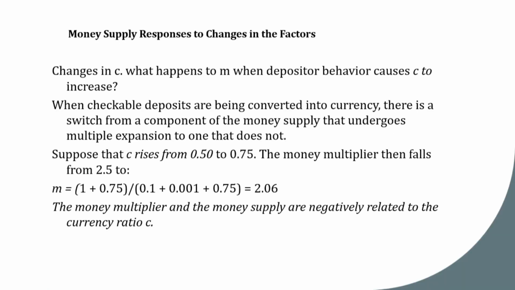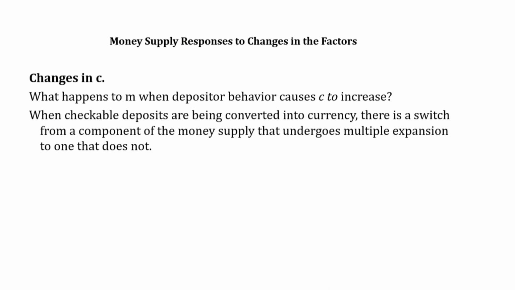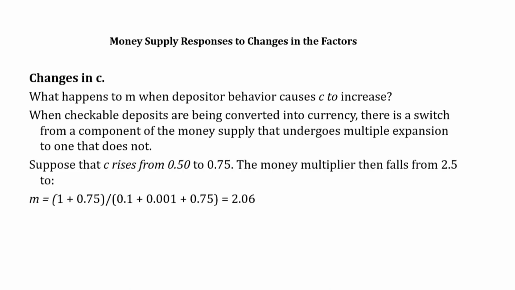Similarly, if C increases, the currency deposit ratio, that is, currency holding increases from 0.5 to 0.75, then the money multiplier declines to 2.06. Here also you can see that it is going to decline.